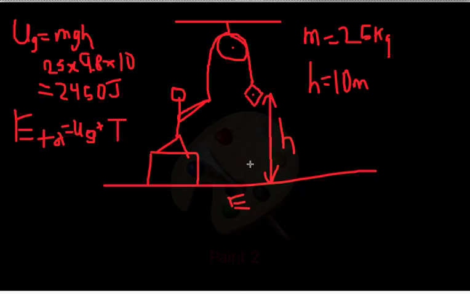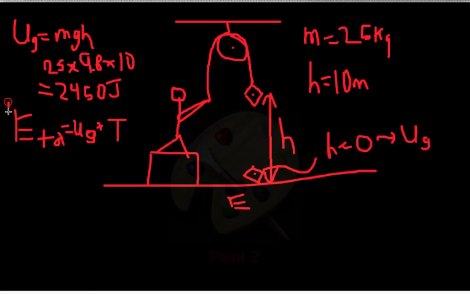So when this object has just about hit the ground, it will be going at a certain velocity. At this moment in time, the potential energy will have changed, and h will be essentially 0. So here we can say h equals 0. Now if h is equal to 0, then so must U.